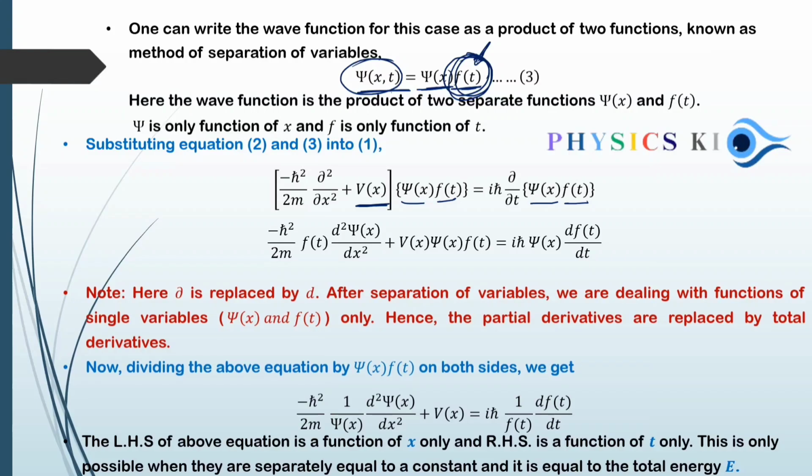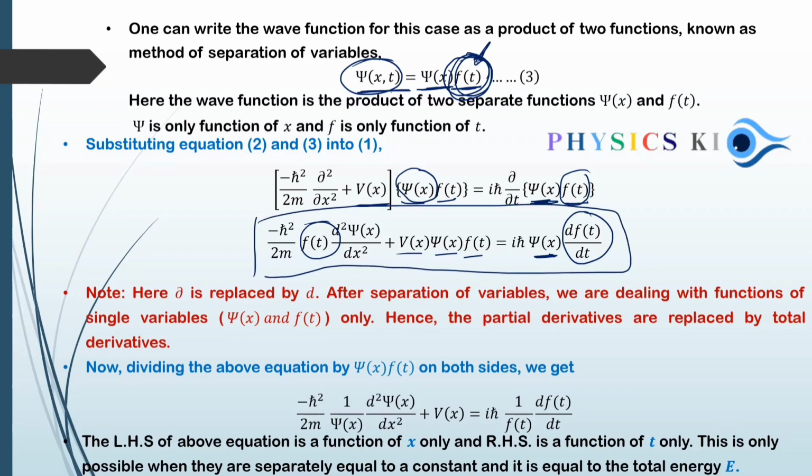Now multiply it. h cut square divided by 2m del square by del x square: only this term depends on x, so f of t is a constant. Again V of x, psi of x, f of t, and again multiply with this. So this is the derivative with respect to t, and psi of x is constant, so that's why it's here. Got the idea?